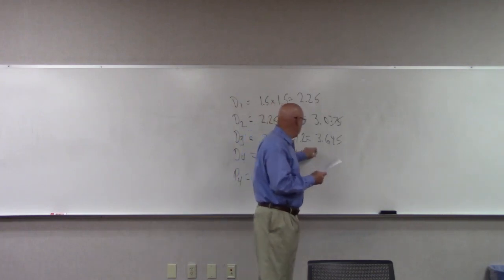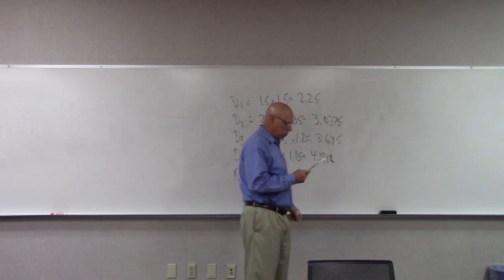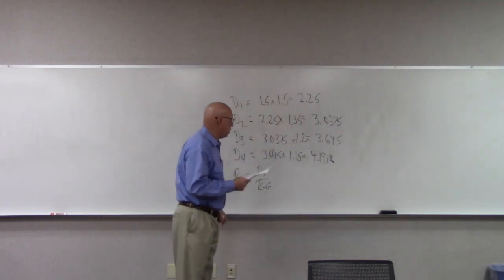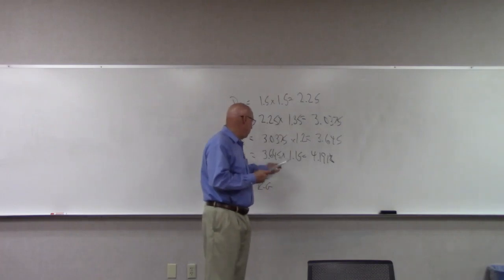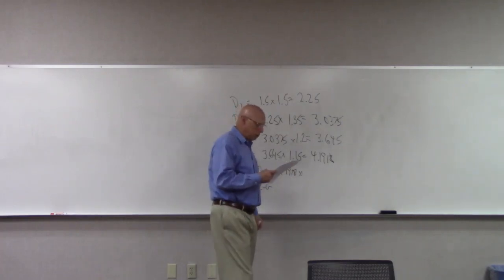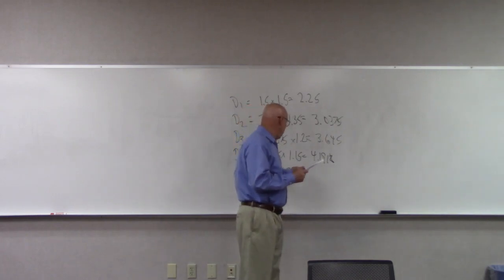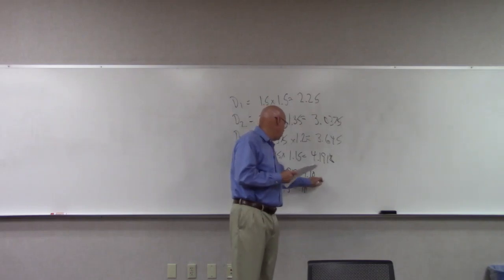And that's $4.19, really a little over 19 cents, $4.19. And then D5 is $4.19 times 1.1, divided by K, 0.13, minus the growth rate of 0.10.